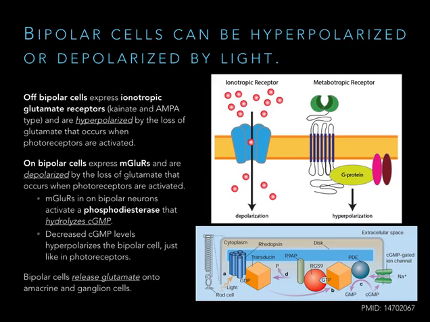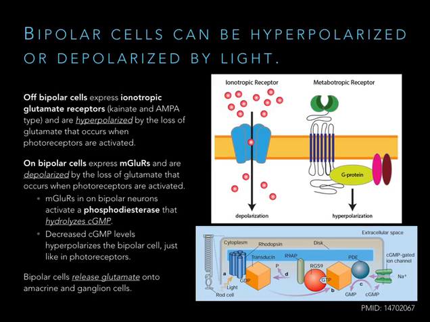That's going to break down cyclic GMP. The cyclic GMP levels, when they drop, that means that the cyclic nucleotide gated cation channels close, causing the cell to hyperpolarize.